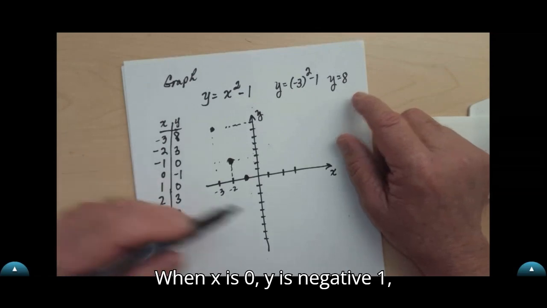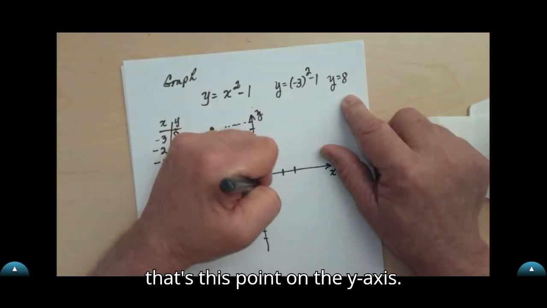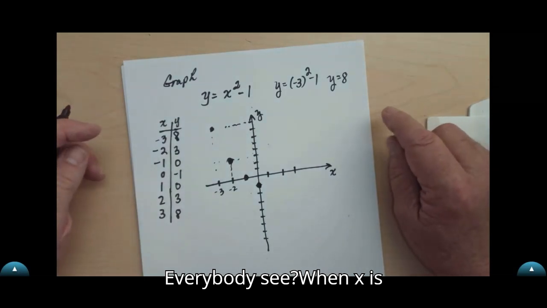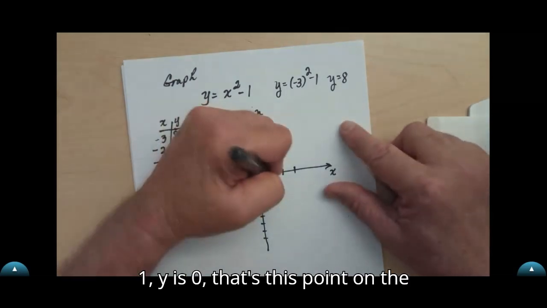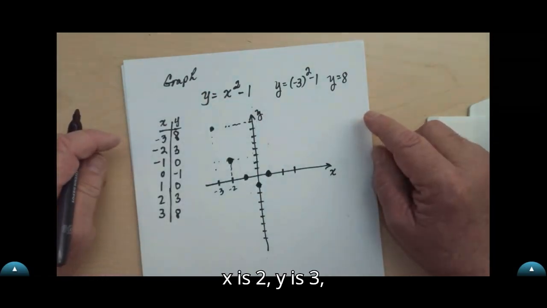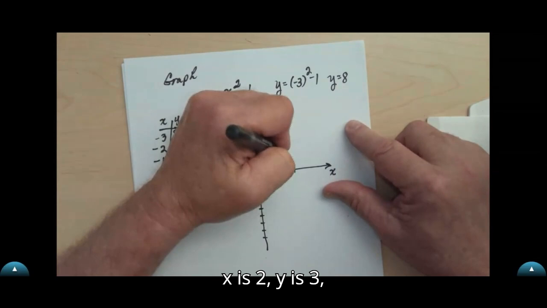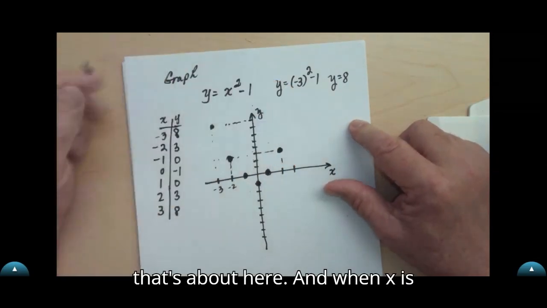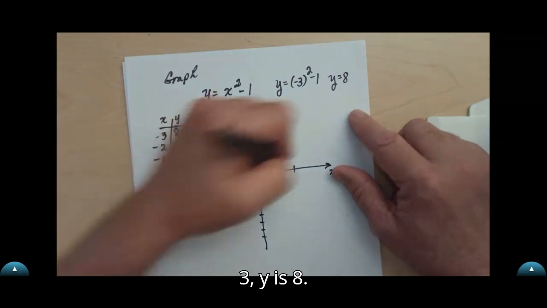When x is 0, y is -1. That's this point on the y-axis. Everybody see? When x is 1, y is 0. That's this point on the x-axis. When x is 2, y is 3. That's about here. And when x is 3, y is 8.